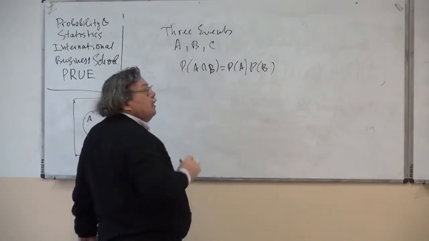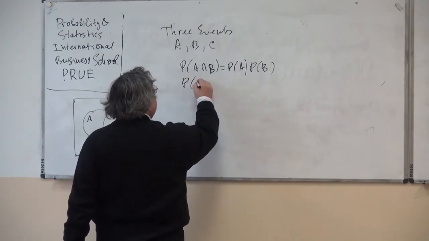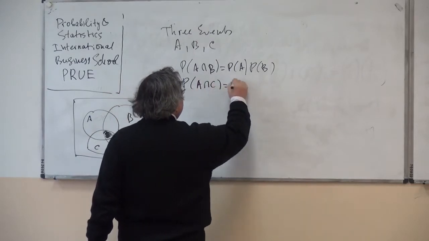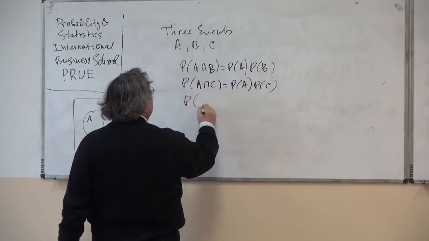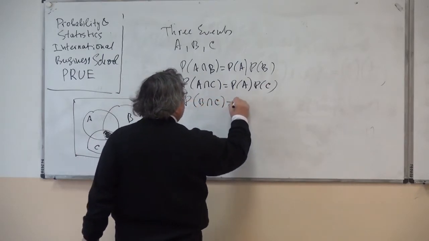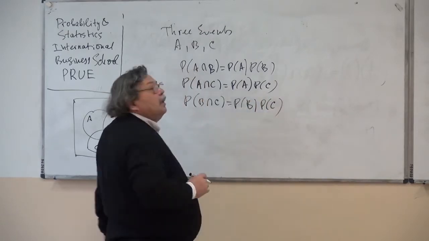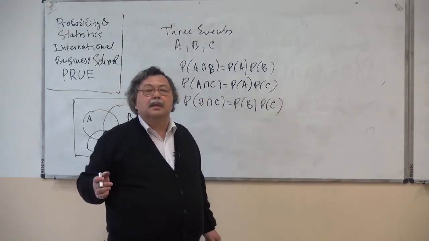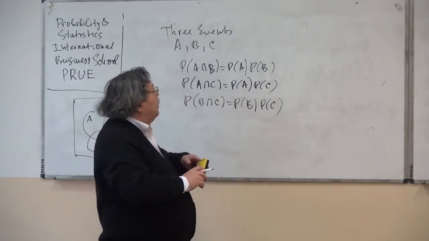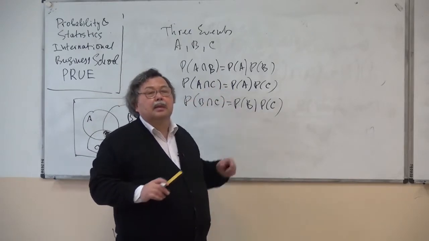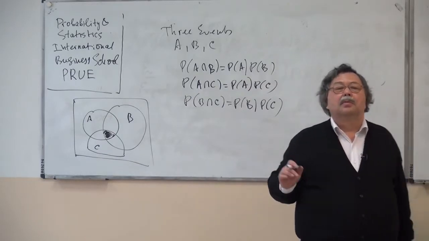We expect that this kind of equation is true for any pair. For each pair: A intersect C equals P of A times P of C, and P of B intersect C equals P of B times P of C. Is that all there is to it? Now, the answer is no. Yes, we need to require that these 3 equations are satisfied if we want these 3 events to be independent.